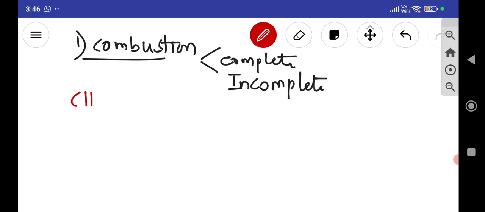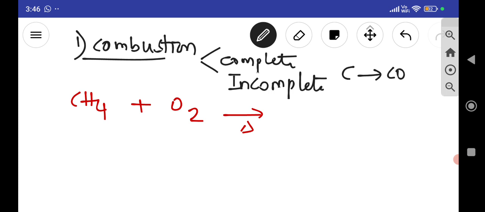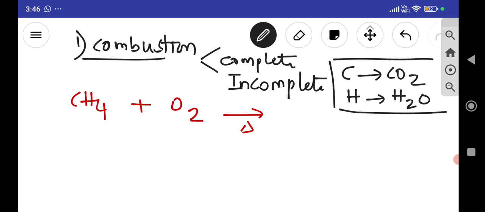Suppose you are taking methane plus oxygen on heating. Always remember the products of combustion: carbon gets converted into CO2 and hydrogen will get converted into H2O. So this is the product.